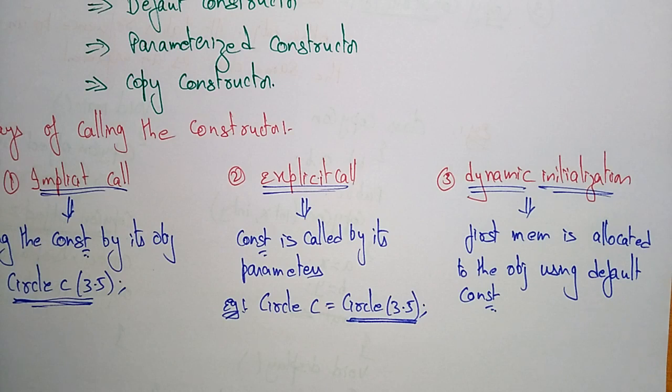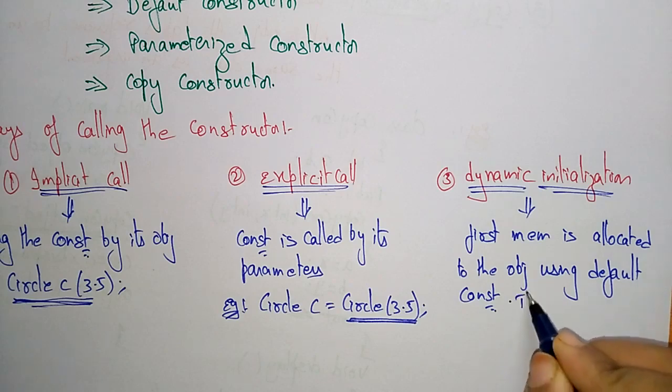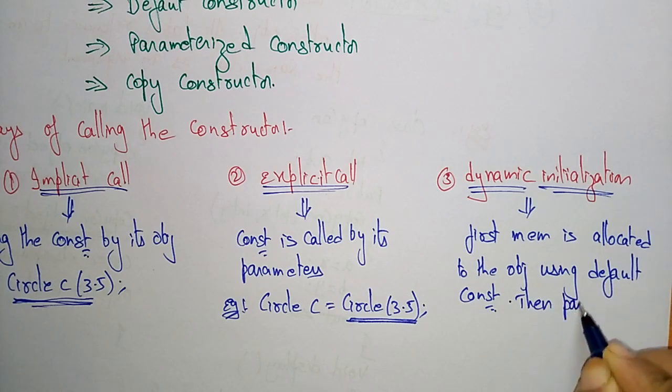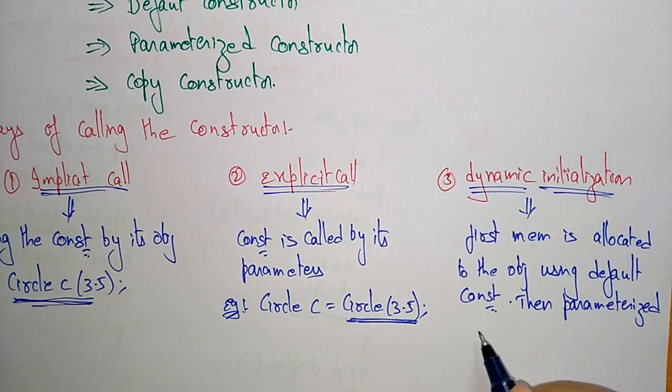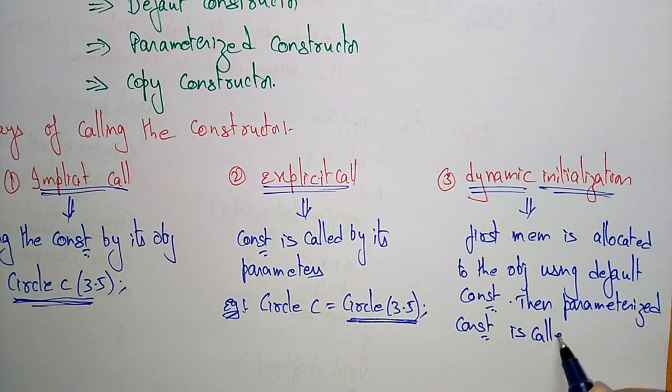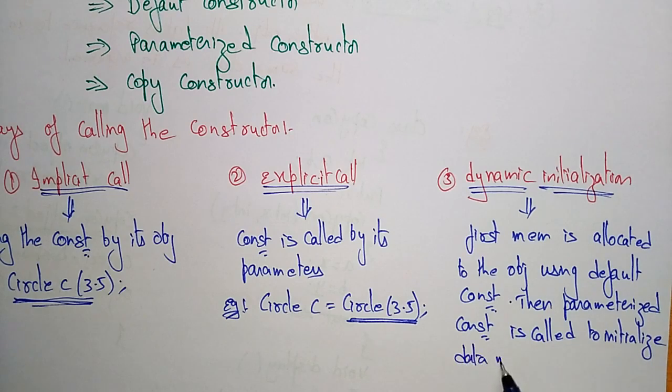Then the parameterized constructor is called. After allocating the memory, the parameterized constructor is called to initialize the data members. That you call a dynamic initialization.